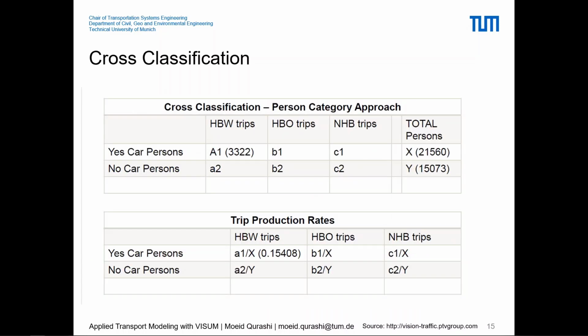The next thing, this is the table that demonstrates this. Let's suppose these are three different purposes: home-based work, home-based other, non-home-based, yes car, no car.